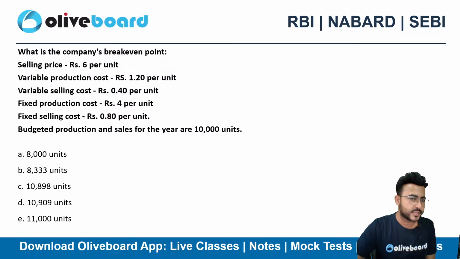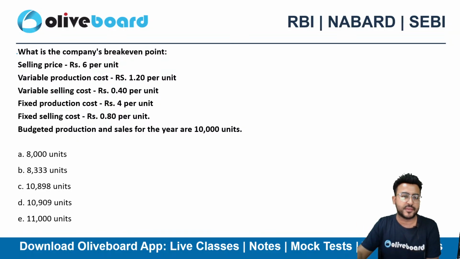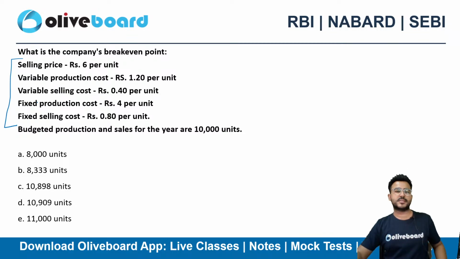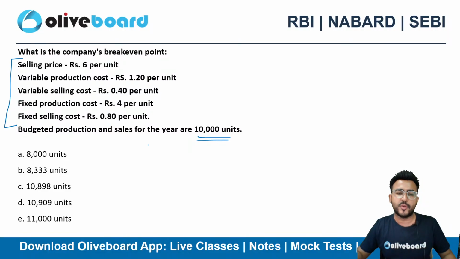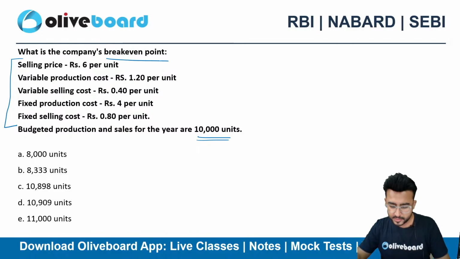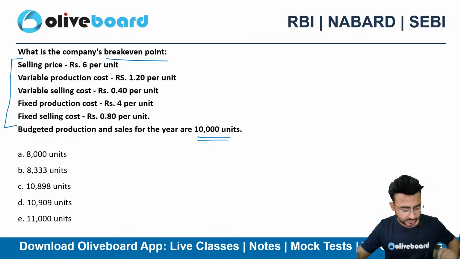Next question, what is the company's break even point? So they have given you the following data: selling price, variable cost, fixed cost, and the units. You need to calculate the break even point here. What do you think should be the break even point?